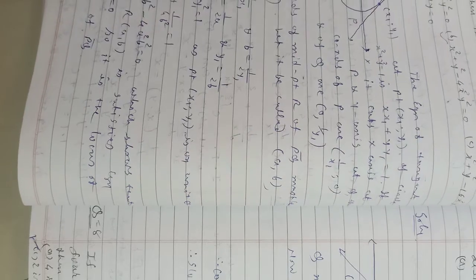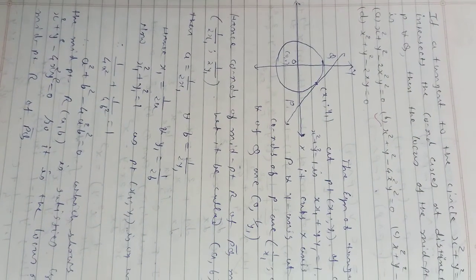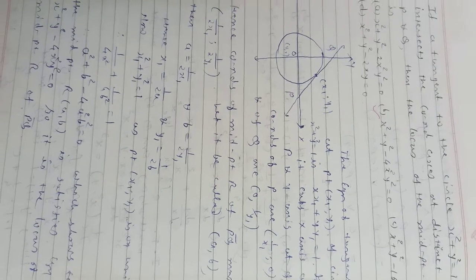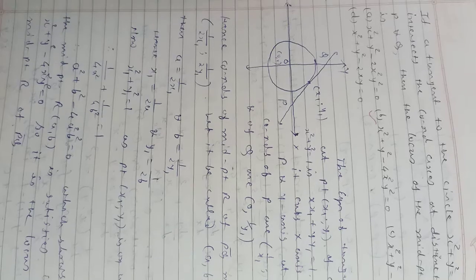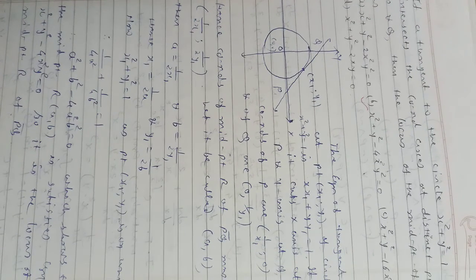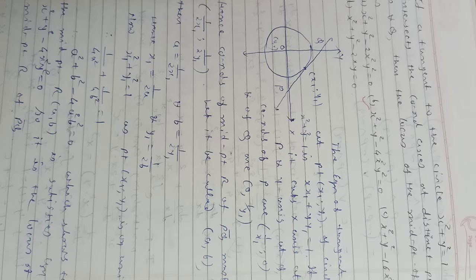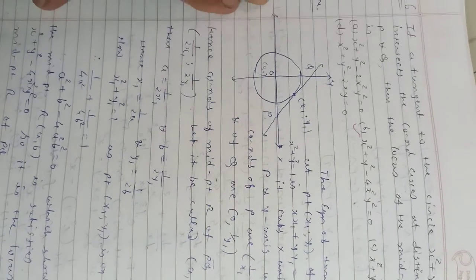Now the next example is example number 6. Read carefully. If a tangent to the circle x square plus y square equal to 1 intersects the coordinate axes at distinct points P and Q, then the locus of the midpoint of PQ is what?